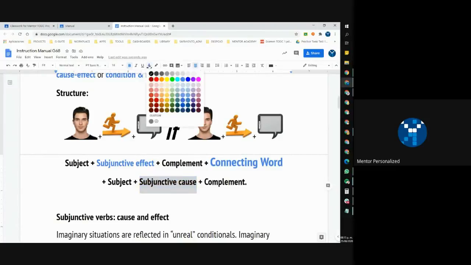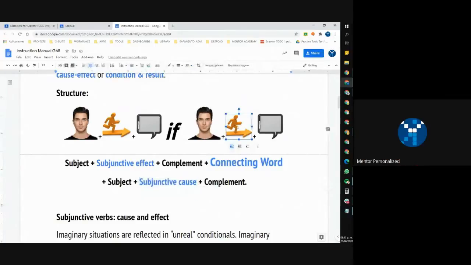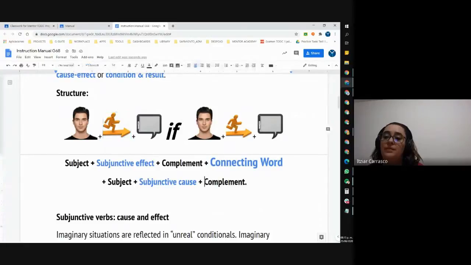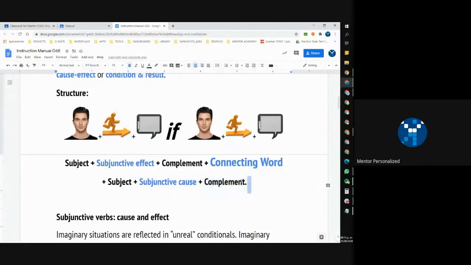For example, if I had $1 million, I would be very happy. If I had $1 million, I need this condition to experience this result. You see? Plus the complement.